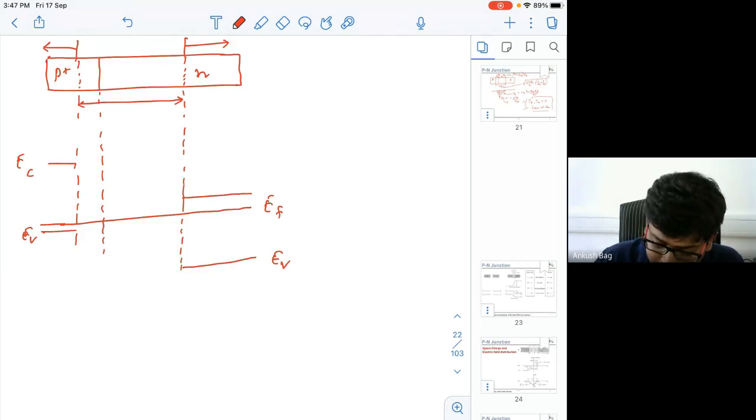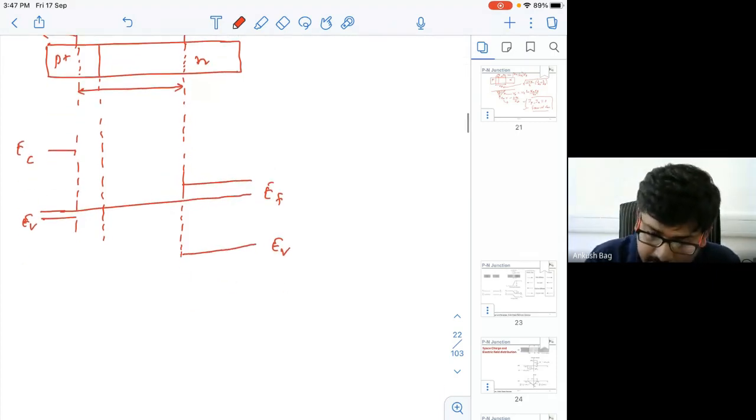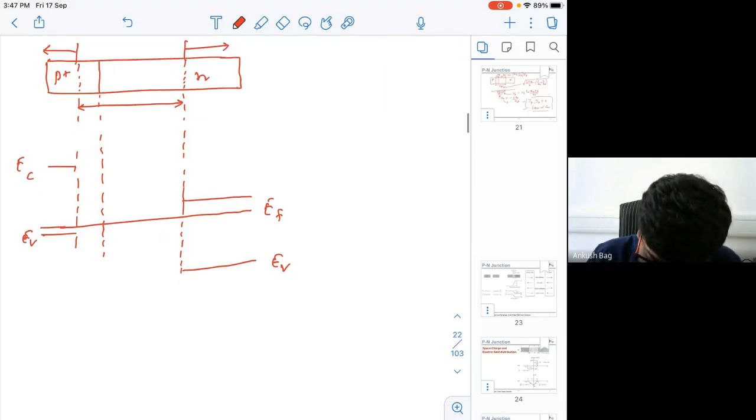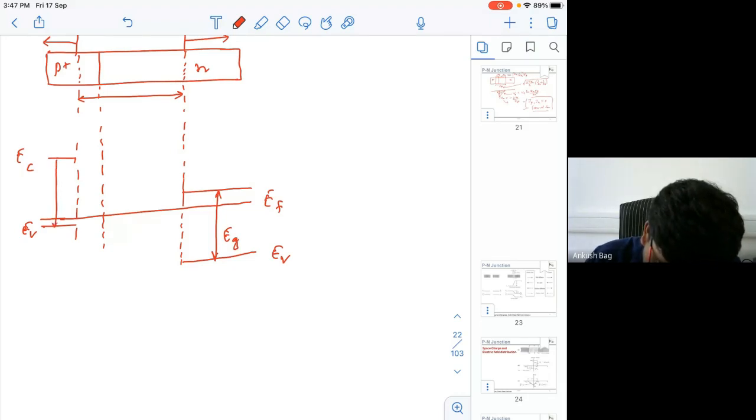That means the band gap will be different in the case of a heterojunction, with two different materials having different band gaps. But here, in the case of a normal PN junction, this is the same material. So the overall band gap EG here is exactly equal to the EG here. So the only difference is in doping. There is no change in the band gap.